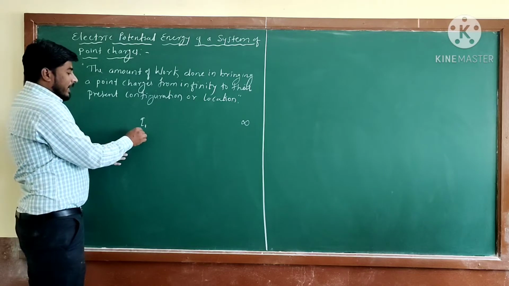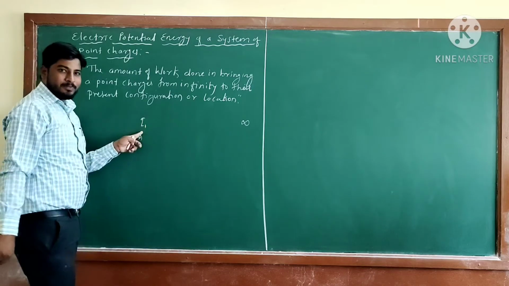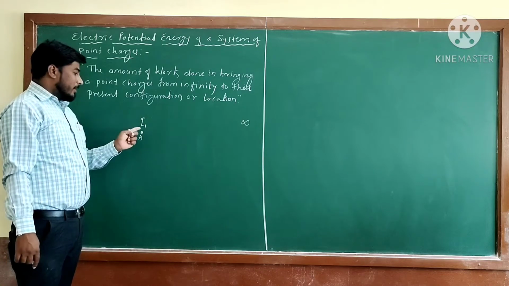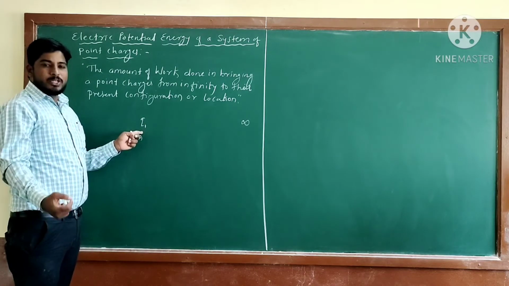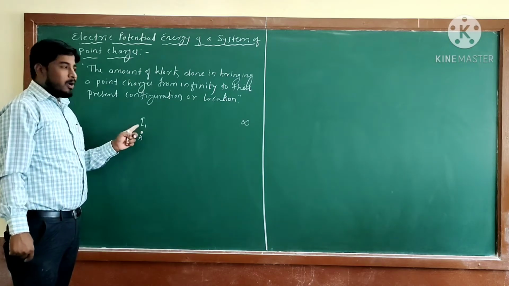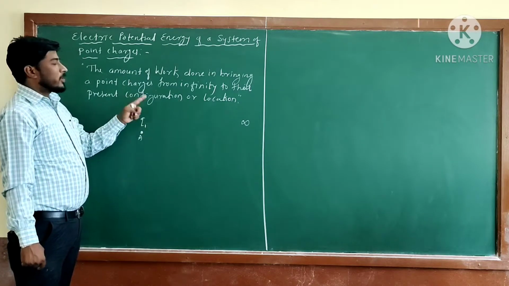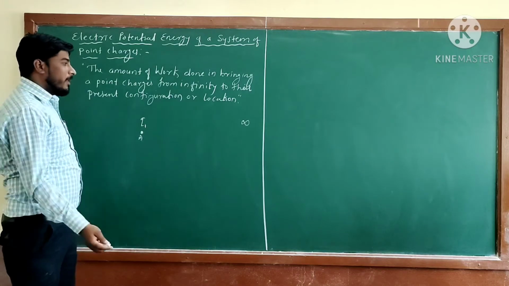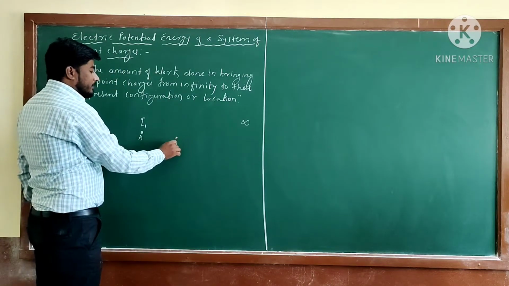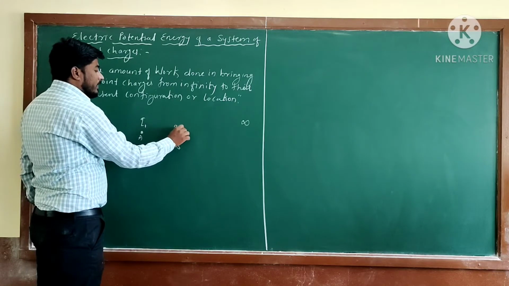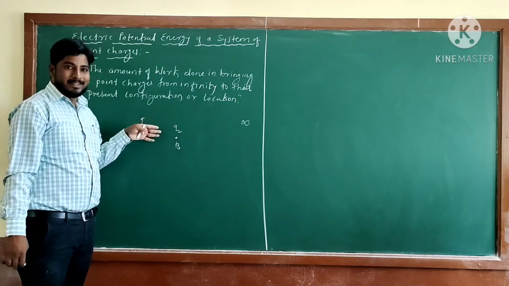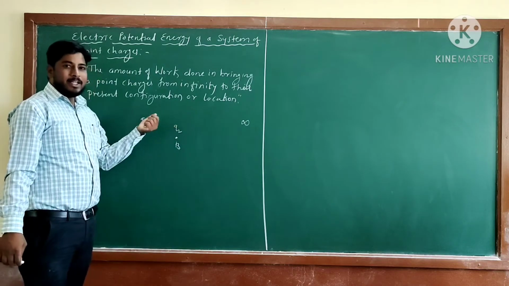Now it has some potential energy, because it has some position. It is located at a certain point, so we say this charge has potential energy. In the same manner, I can bring one more charge Q2 and place it here at point B. So work must be done to bring that charge.